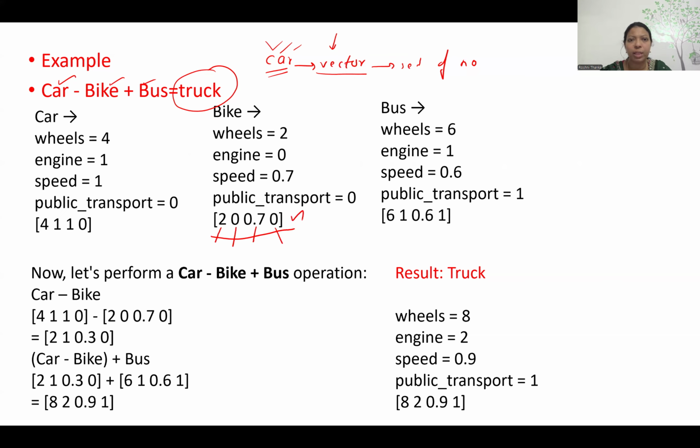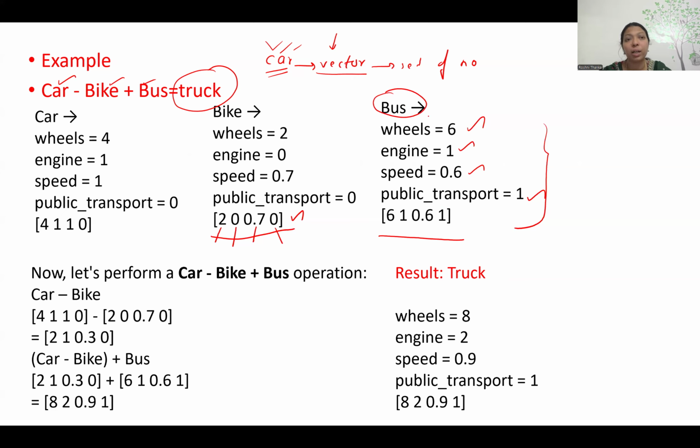Similarly, for the bus, this is the vector assigned to it. A bus has 6 wheels, maybe an engine is there, speed maybe like this, and it's a public transport, so it is 1. So this is the vector I have assigned to the word bus.